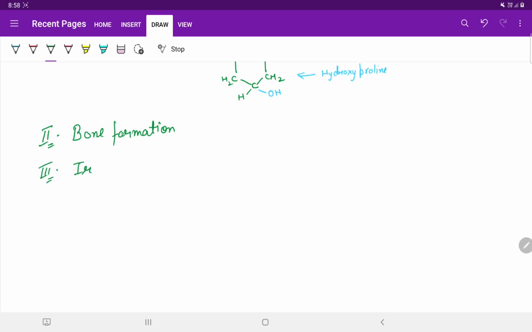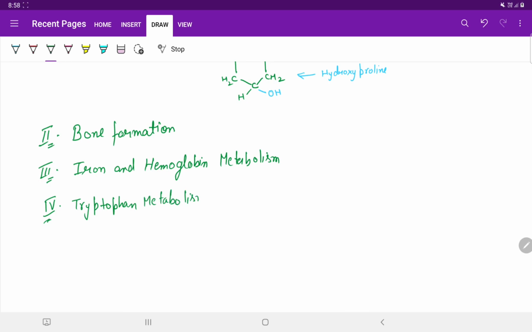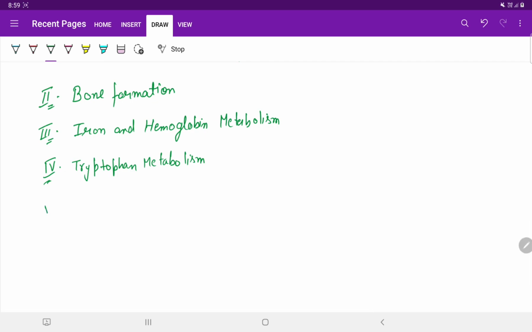Then for the iron and hemoglobin metabolism, then for the tryptophan metabolism. So I am just highlighting the major biochemical functions, otherwise they have quite descriptive detail for which we will have to understand them one by one. So in this video I shall be only highlighting the major biochemical functions.